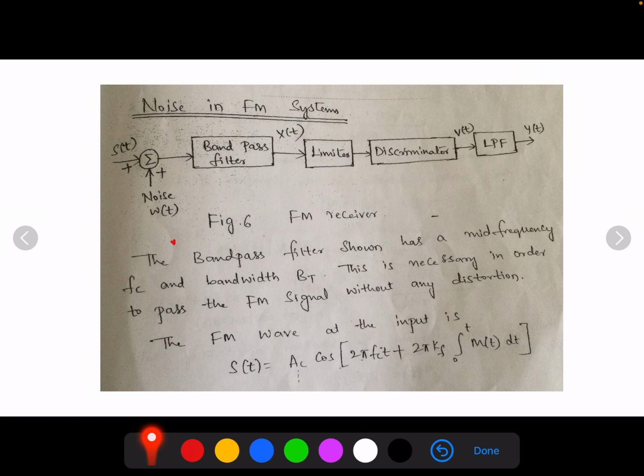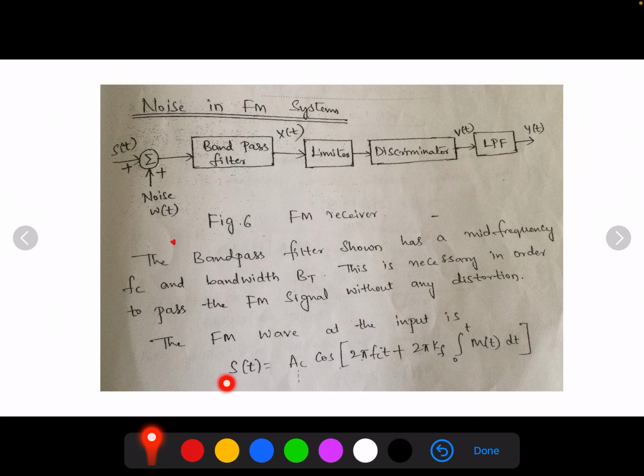The slope network in the discriminator and the envelope detector are usually implemented as a part of a single physical unit. The post detection filter, labeled as a baseband low pass filter, has a bandwidth just sufficient to accommodate the highest frequency component of the message signal. This filter removes the out of band components of the noise at the discriminator output, and thereby keeps the effects of the output noise to a minimum value.